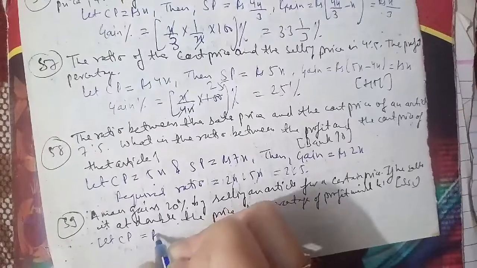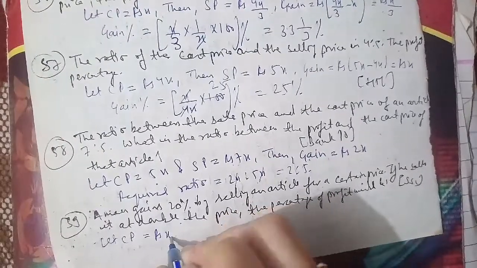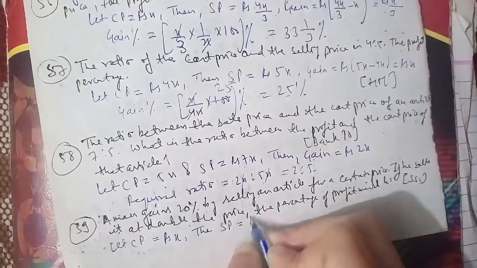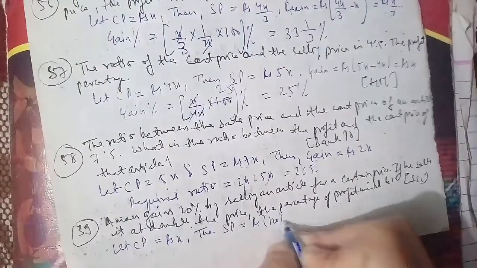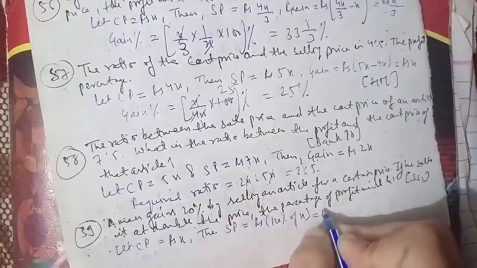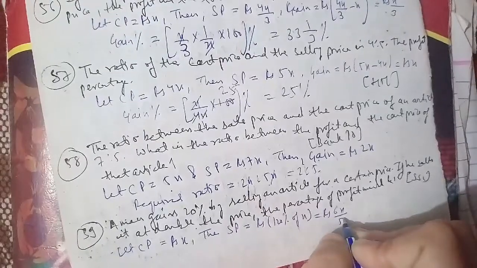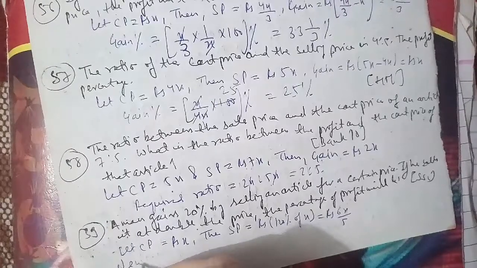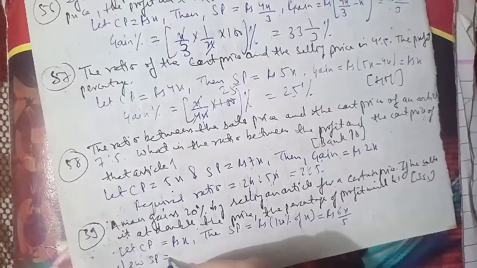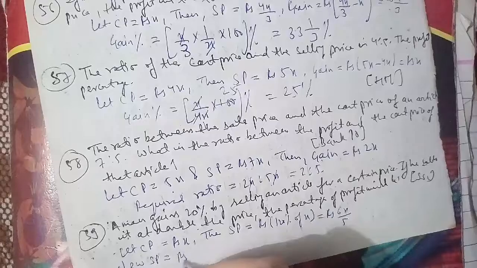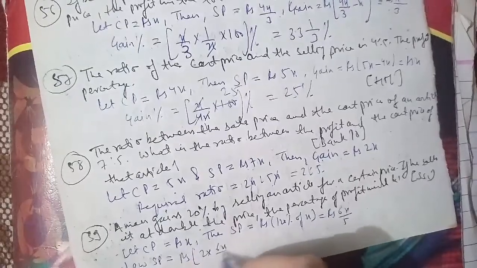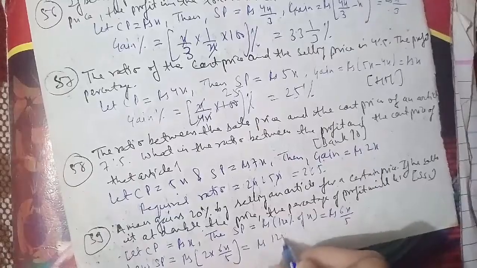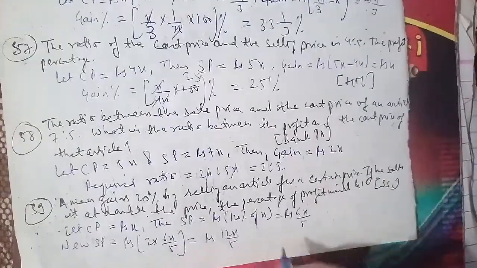So new SP equals rupees 2 into 6x upon 5, which equals rupees 12x upon 5, and profit equals rupees 12x upon 5 minus x, which equals 7x upon 5 here.